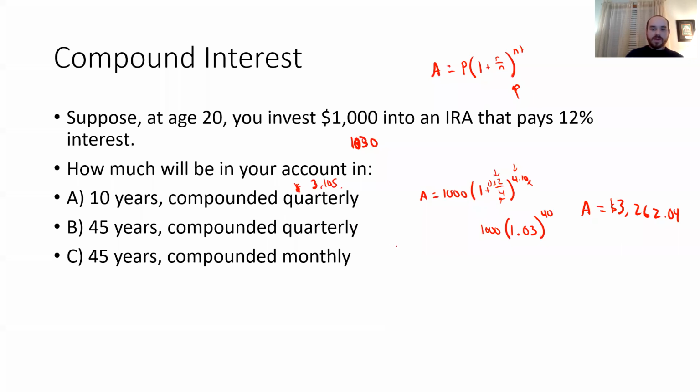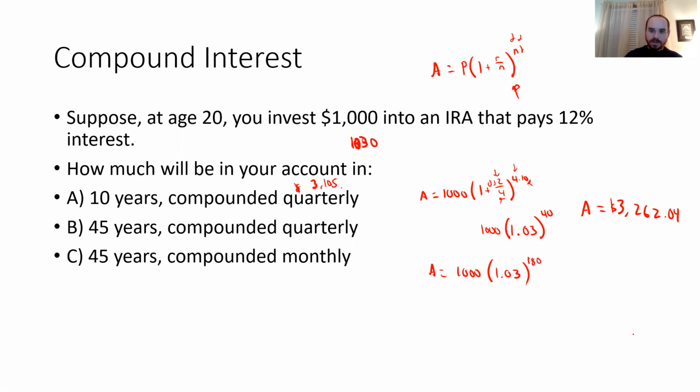So now let's look at the 45-year mark, this time compounded quarterly. So this time we have A equals 1,000. Our principal is the same. I'm going to just leave this as 1.03 because I don't really want to redo this part of the simplification. And then we're going to have 45 times 4, n times t. n is 4, t is 45 this time. 4 times 45 is 180.